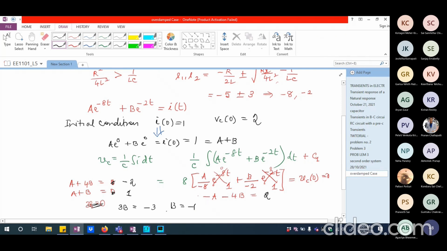B is coming out to be minus 1, from which I can say A plus B is equal to 1. So A is going to be 1 minus B. So 1 minus minus 1, which is 2. Am I correct? So I'm going to get the solution to be 2 e power minus 8t plus minus 1 e power minus 2t.